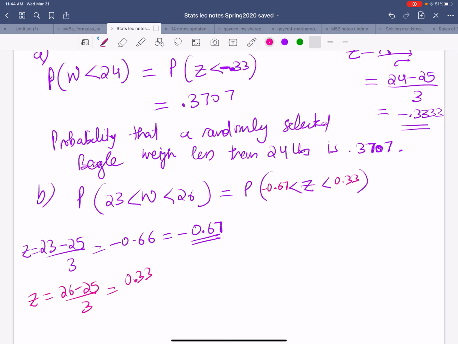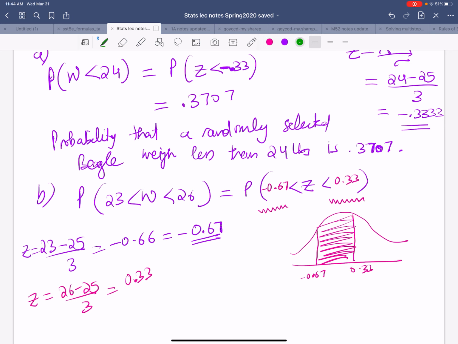What we can do is find the area to the left of 0.33 and the area to the left of negative 0.67, and subtract the two areas. Negative 0.67 is about here, I'm just estimating, and 0.33 is about here, and we're looking for the area in the middle. So we find the entire area to the left of 0.33 and subtract the area to the left of negative 0.67, and the difference is going to be the area in the middle, or probability.